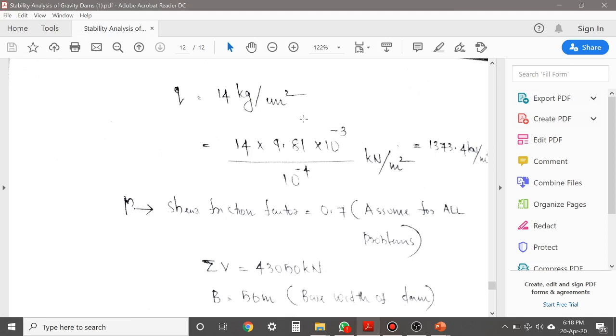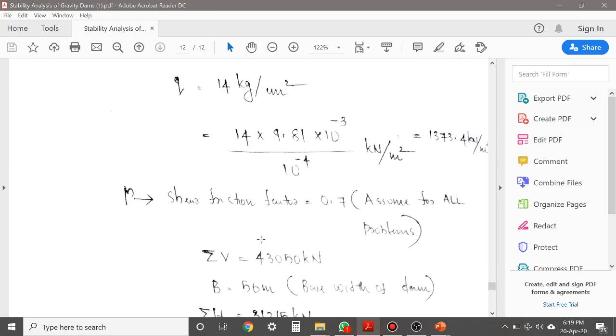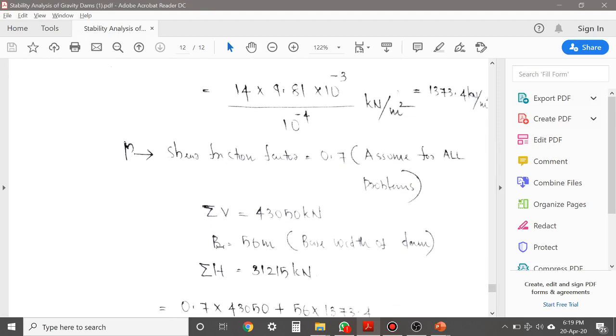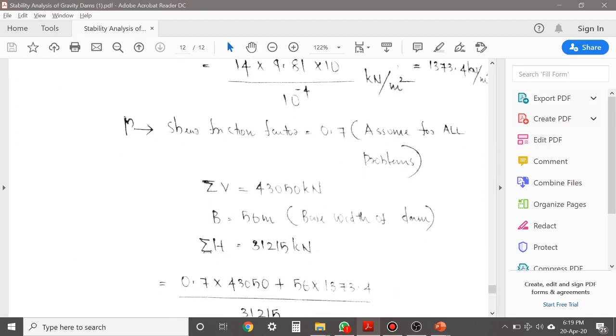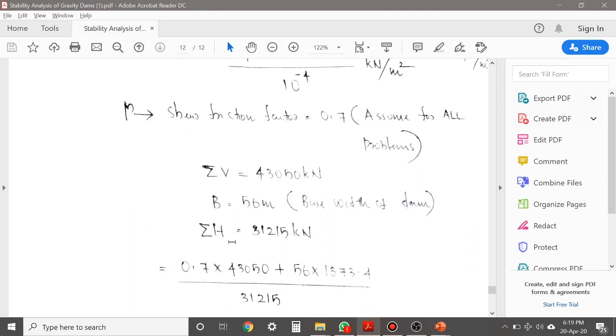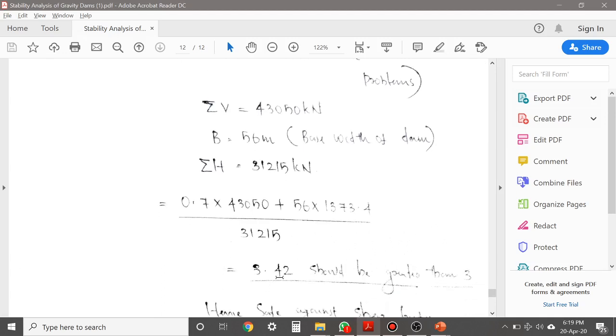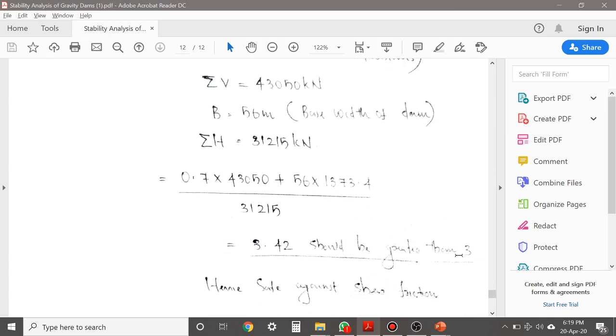After conversion you will get 1373.4 kilonewton per m square. Also, you can take the mu value for shear friction same as the previous one, that is 0.7. You have the sigma V value with you. You have capital B, that is base width of the dam, and capital sigma H, sum of horizontal forces. You substitute all the values and you will get the value as 3.42. It should be greater than 3, hence it is safe against shear friction.